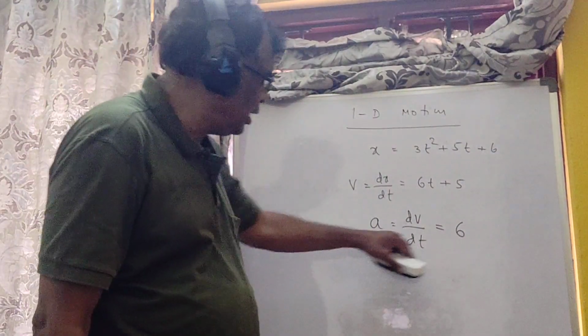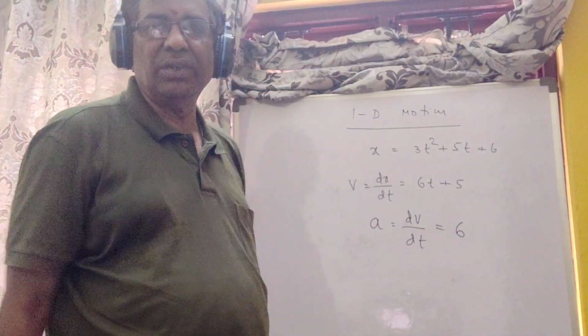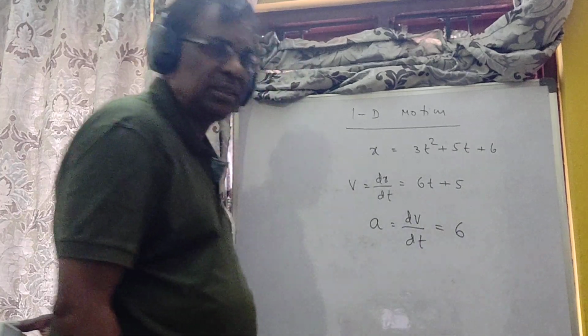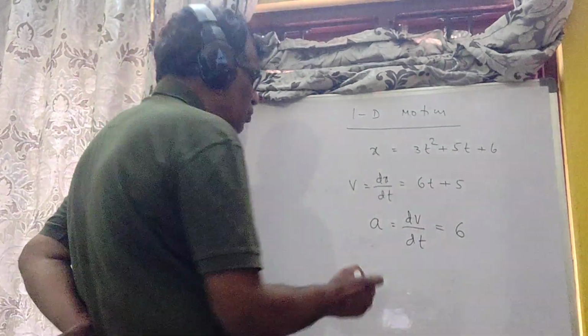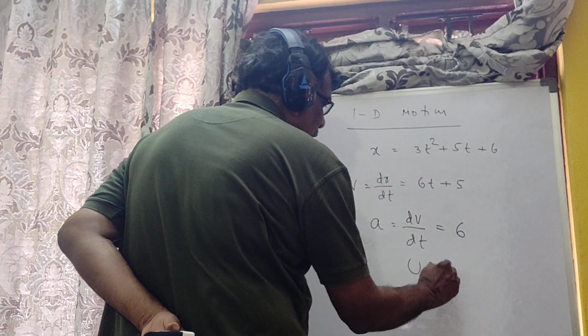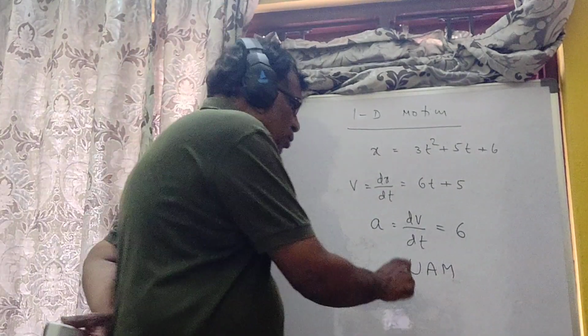And remember, a is not a function of time. In other words, this is a case where a is constant or uniform. Therefore, you can call it uniformly accelerated motion. It's not uniform motion, it is uniformly accelerated motion.